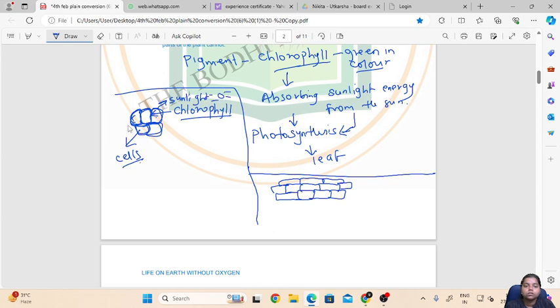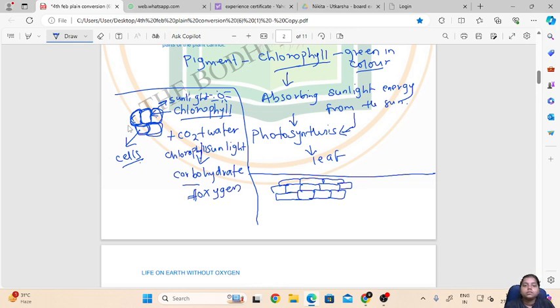They absorb sunlight from the sun, and with the help of carbon dioxide and water, in the presence of sunlight and this chlorophyll, they synthesize a food which is called carbohydrate. This is the main product, and they also produce oxygen.